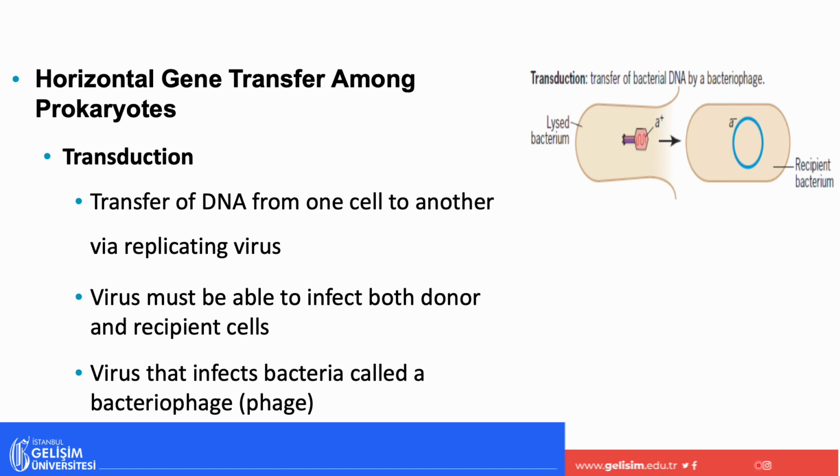So when this phage infects a recipient bacterial cell, it can transfer the donor bacterial DNA to the recipient cell. This transferred DNA can then be integrated into the recipient cell's genome via recombination. So transduction can result in the transfer of specific genes or even gene fragments, and it can act as a mechanism for the spread of antibiotic resistance as well as virulence factors among bacteria.